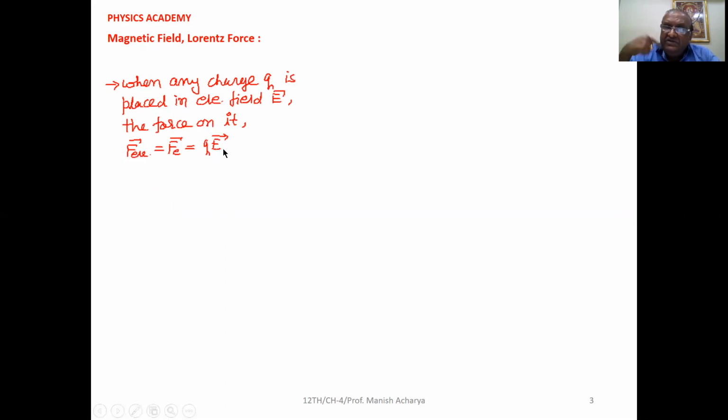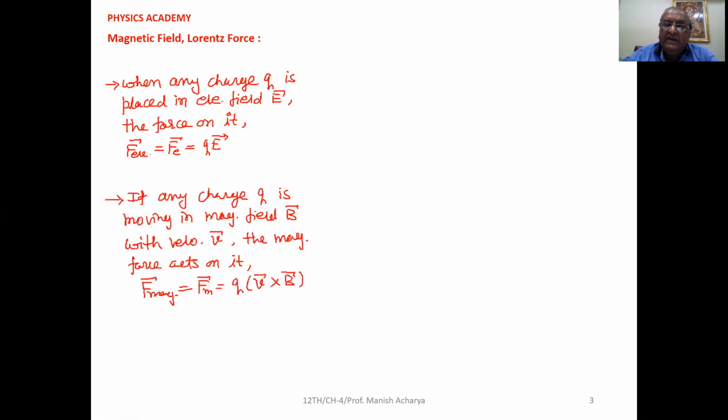Similarly, when any charge Q is moving in the magnetic field, the force acts on it, and that particular force is called magnetic force.